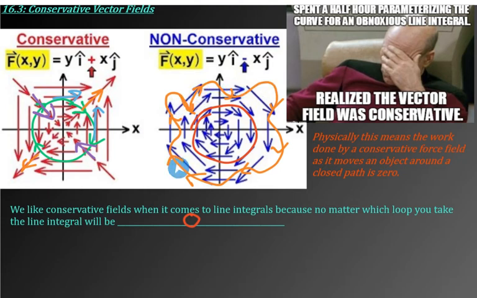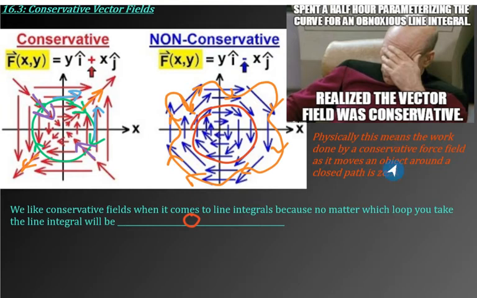If you think of work, it would take less work to go around the path this way than it would to go around this way. It's always kind of easy to go around it this way. You are not going to have net zero work. Whereas here, the way the forces work, being opposite in spots, you're going to get net zero work no matter what path you take around this thing.